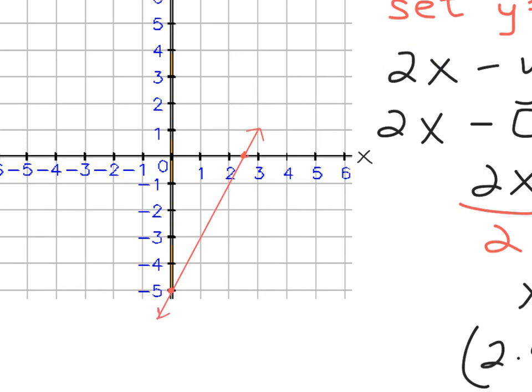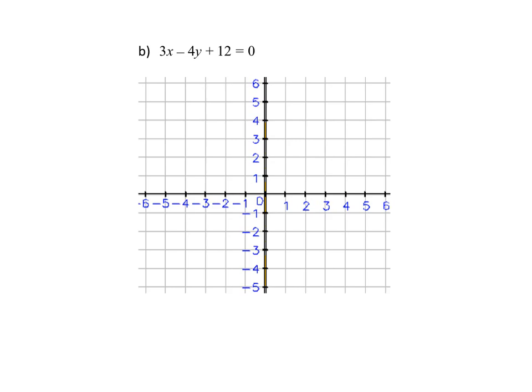Again, make sure that you extend your line out a little bit past your endpoints and put little arrowheads on the ends of your line. So here's your line. So it is possible to create a linear relation on a graph using only the x and the y intercepts. So now it's your turn.